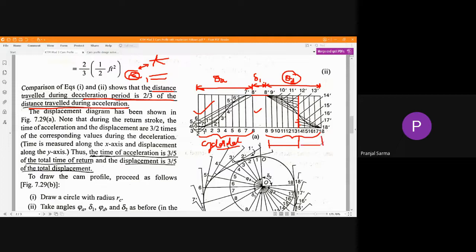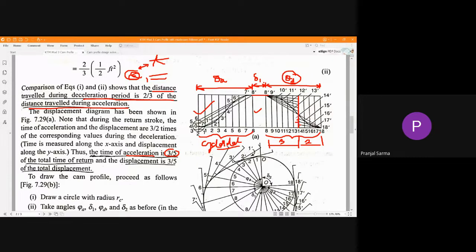If we consider the whole portion divided into five equal parts, three-fifths is the total time of acceleration, and that is the displacement, and two-fifths of that portion is with uniform retardation.